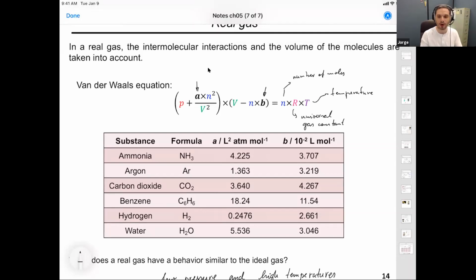And here, all the observations that were made for the ideal gas are valid for the real gas. Look at the universal gas constant units to determine all the other units that you're going to use in the equation.